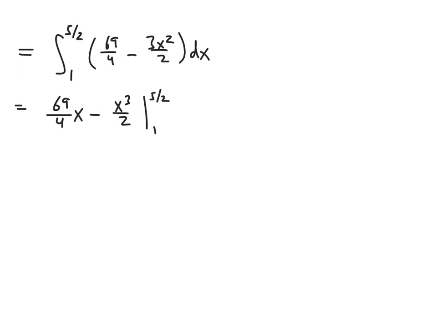And we'll evaluate that from 1 to 5/2. And so what we get is 69/4 times 5/2 minus 125 over 16 minus 69/4 minus 1/2.